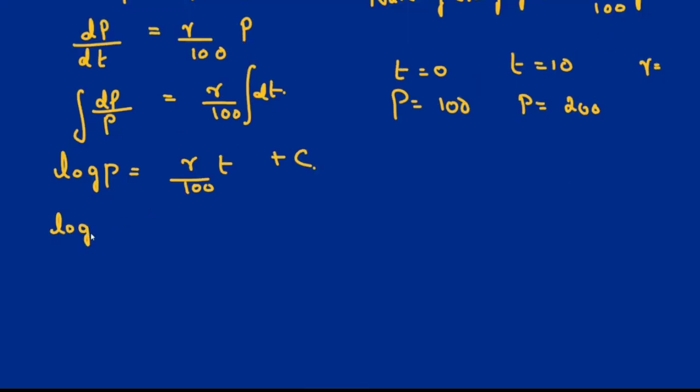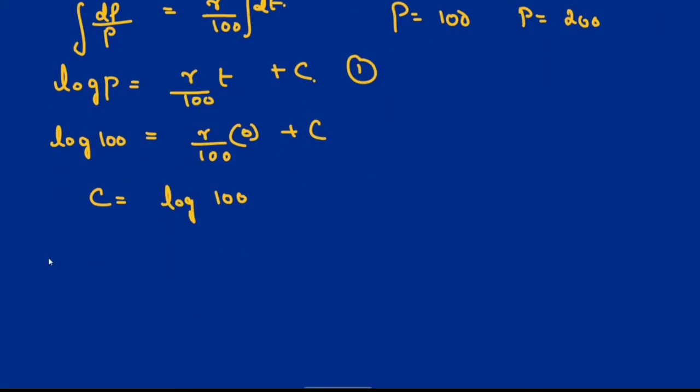So log 100, P is 100, R by 100, T is 0, plus C. That means C is log 100. Now the equation will become log P is R by 100 into T plus log 100.